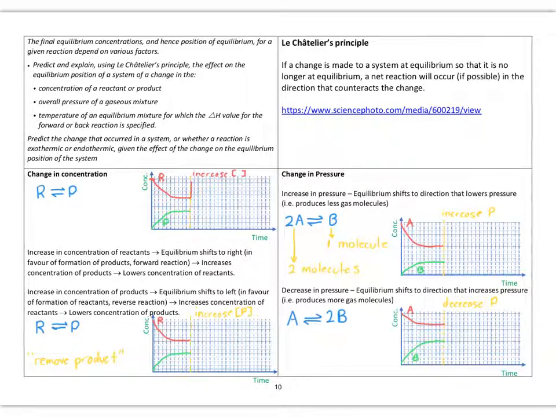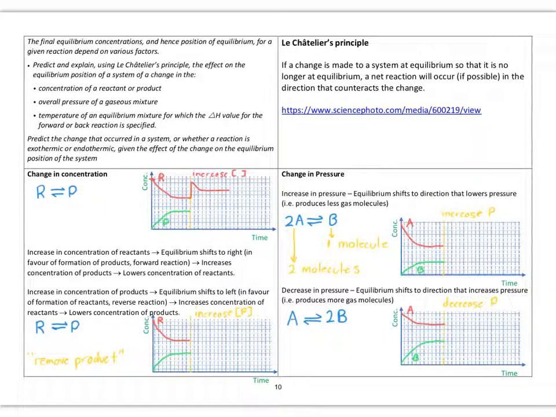So Le Chatelier's principle says that the system will try to change to counteract that change. So the reaction will try to decrease the concentration of reactants. We throw some more in, the reaction says, no, I don't like that, and it tries to decrease it.